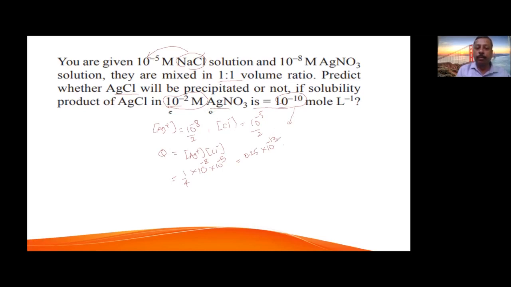So here it is 10 to the power of minus 13 and here it is 10 to the power of minus 10. Therefore we need not worry about the precipitation. Q is less than Ksp, or it can be written as 25 into 10 to the power of minus 15 even. So always this Q is less than K. Therefore, precipitate will not form.